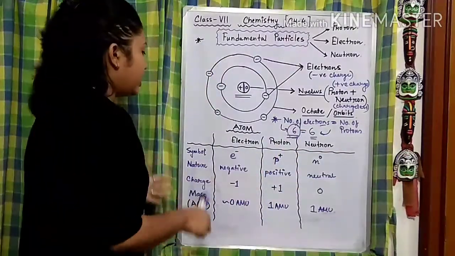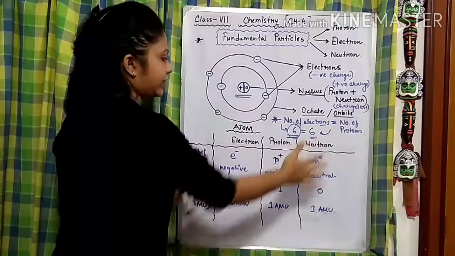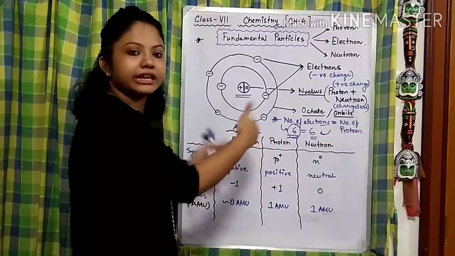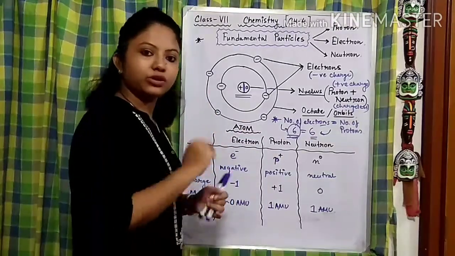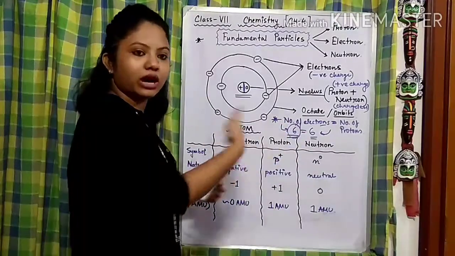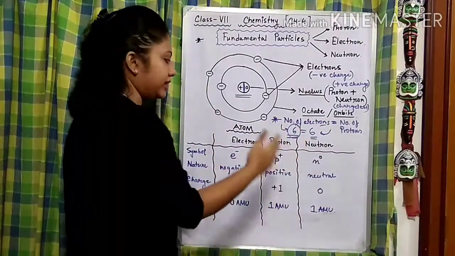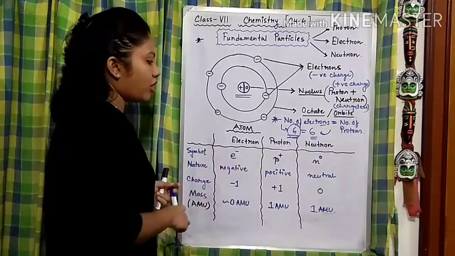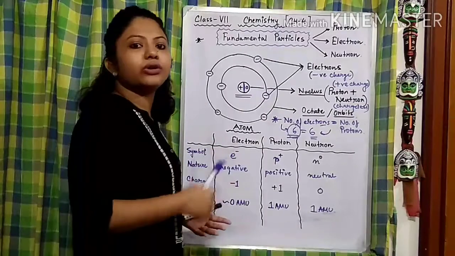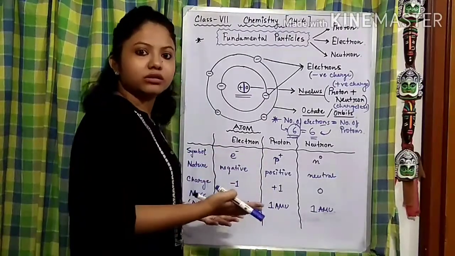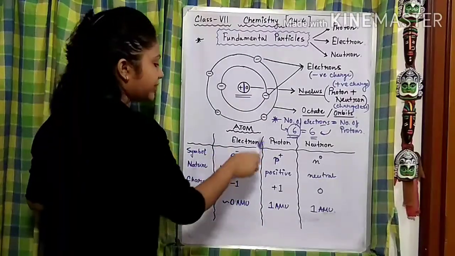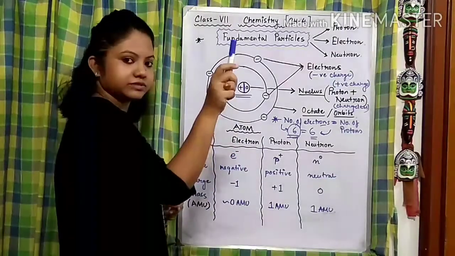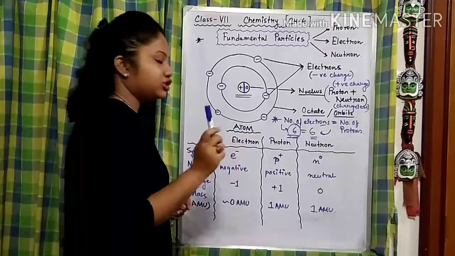Okay, now you see that there is a chart given here. I have taken it to determine the characteristics of the electron, proton and neutron, and we are going to understand this by tallying all these three together. So first of all, what is the symbol of electron, proton and neutron? Here see, the symbol of an electron is e minus, from its initial e, because it is negatively charged.